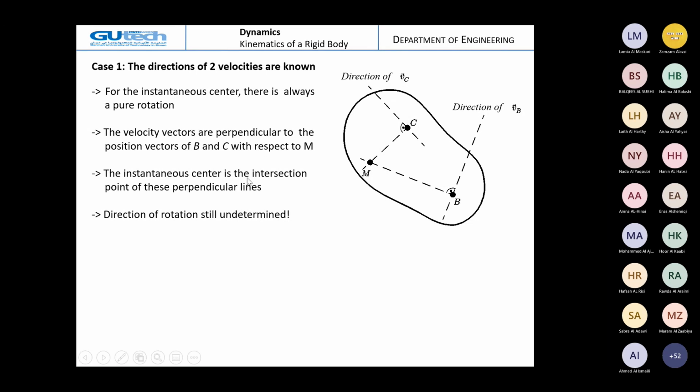Then the instantaneous center is the intersection of the points on these perpendicular lines here. The direction of rotation is still undetermined.